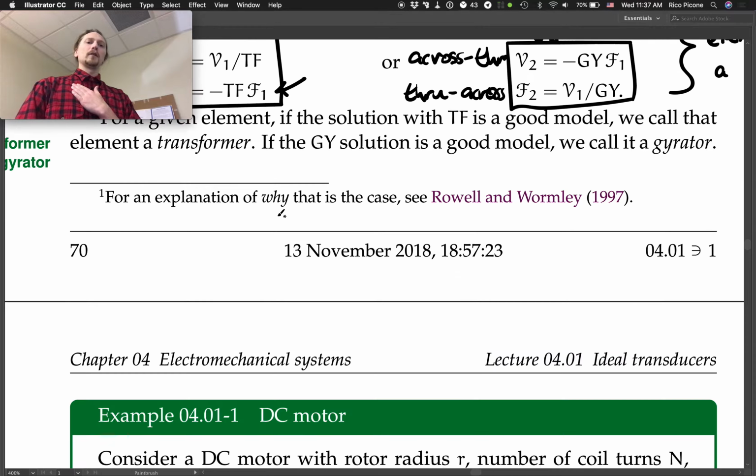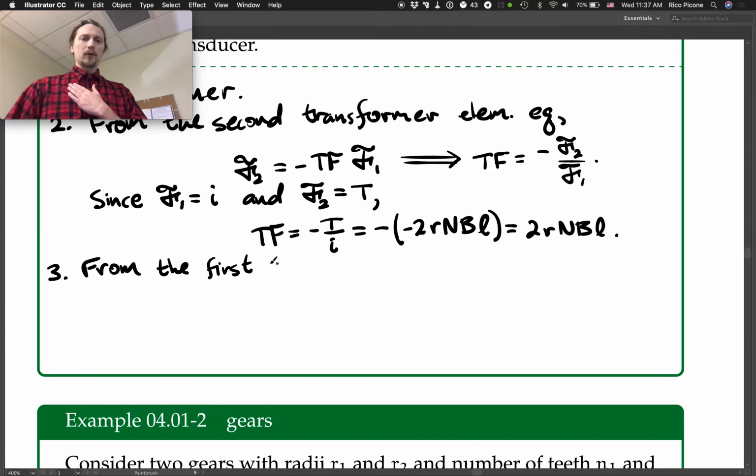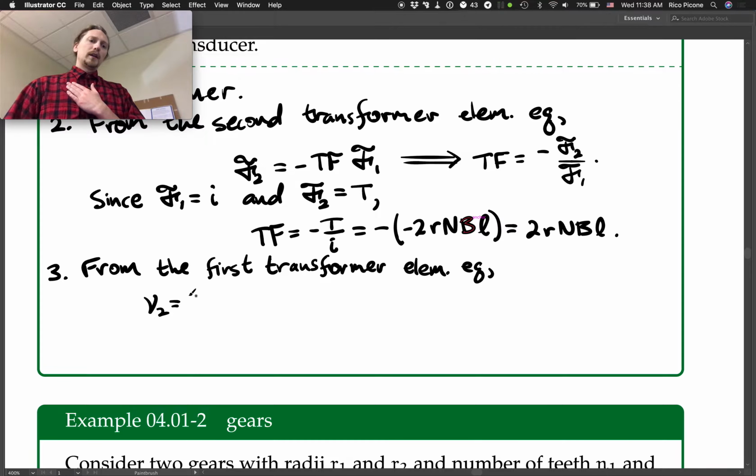Okay, so from the first transformer elemental equation, we know that V2 equals V1 divided by TF, right?